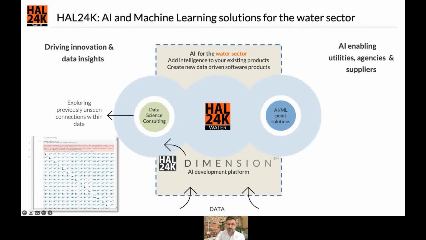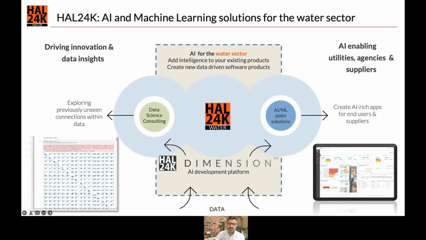So fairly innovative. And then often the second part of what we do is creating the output, the solution that's really of practical use to operators, to asset managers, to those that are today functioning in the water sector.